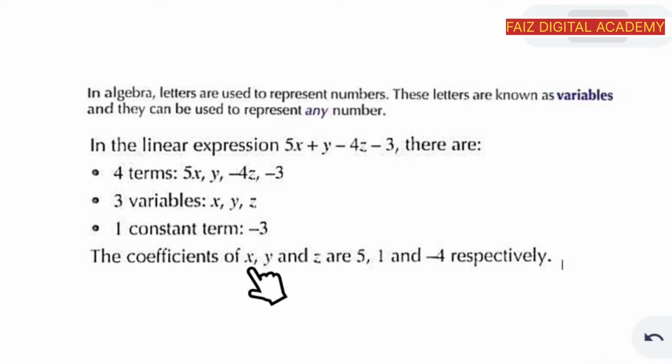The coefficients of x, y, and z are 5, 1, and minus 4. So the numbers which are present with the variables are called the coefficients. So the coefficient of x is 5, coefficient of y is 1, and the coefficient of z is minus 4.